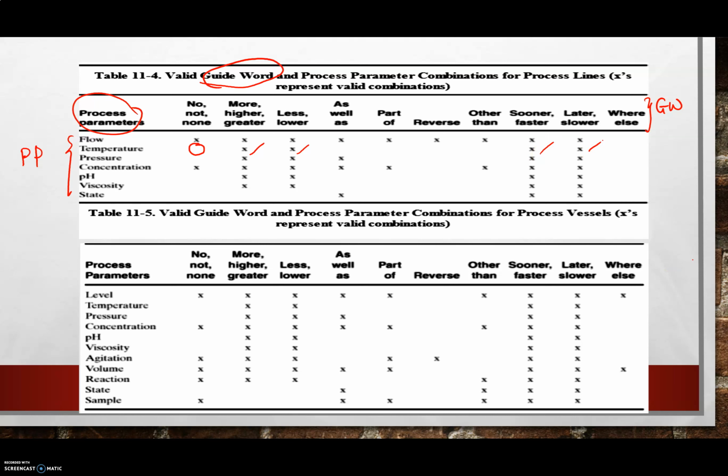So this is the guideline for you to look at what is the valid combination for your process parameters and also your guide words. Basically these guide words and process parameters will relate back to your process units, or your notes, because some combinations will work, but some combinations will not work in that scenario. So basically it is note by note case.